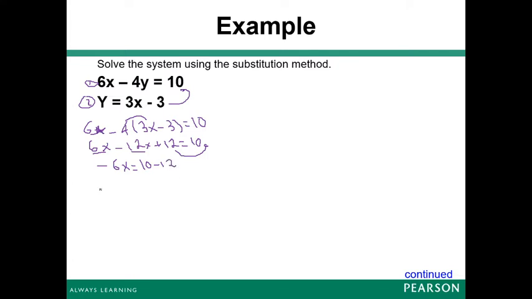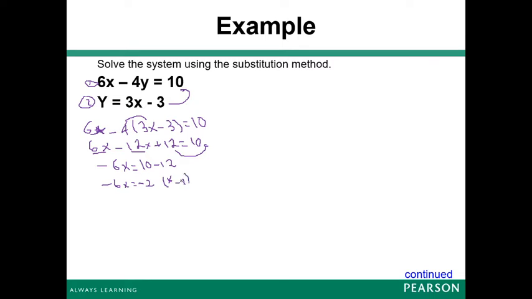Minus 6x is equal to 10 minus 12, it's minus 2. Now, we can multiply the whole expression by minus 1.